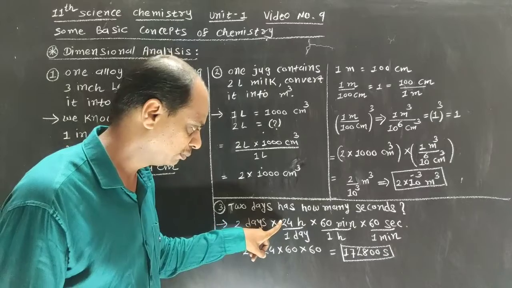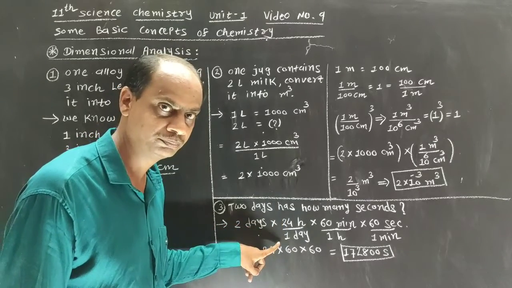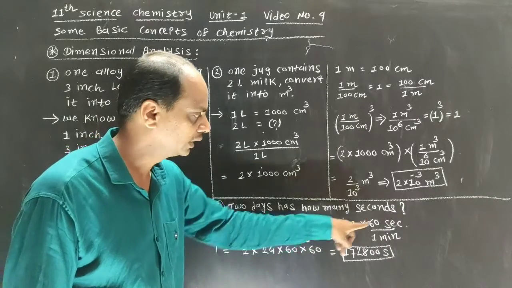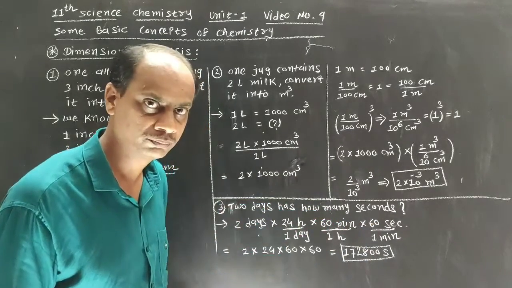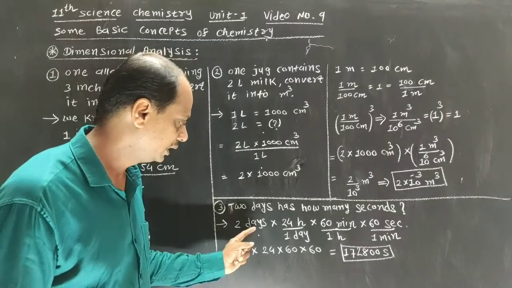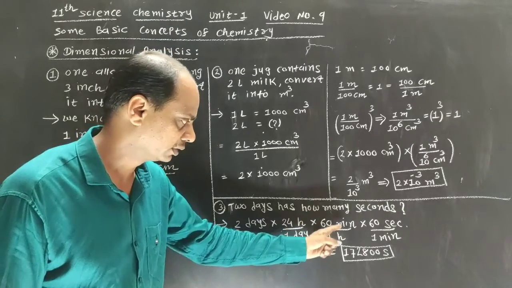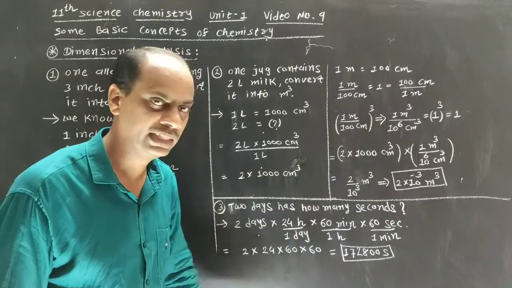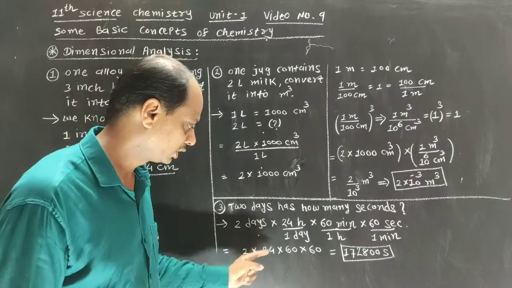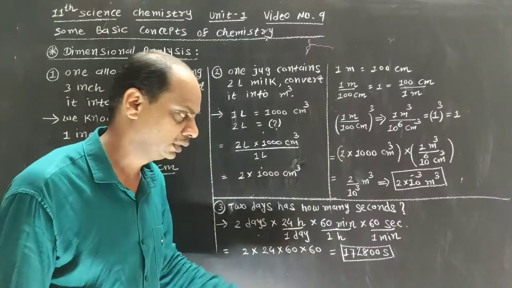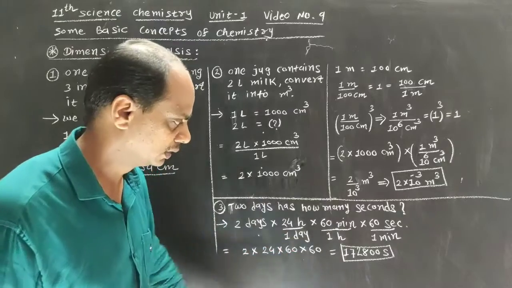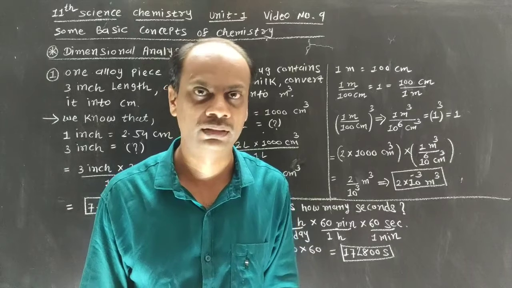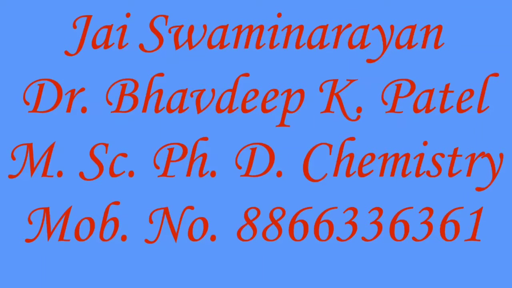That is 24 hours per day, 60 minutes per hour, and 60 seconds per minute. Now day and day, hour and hour, minute and minute units are cancelled out. The remaining unit is second. So 2, 24, 60, 60. When multiplied, we get the answer, and the unit of the answer is obtained in seconds.